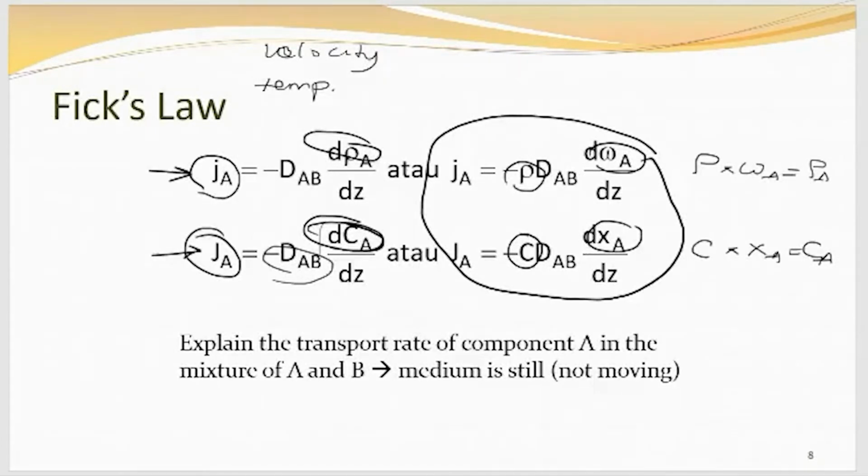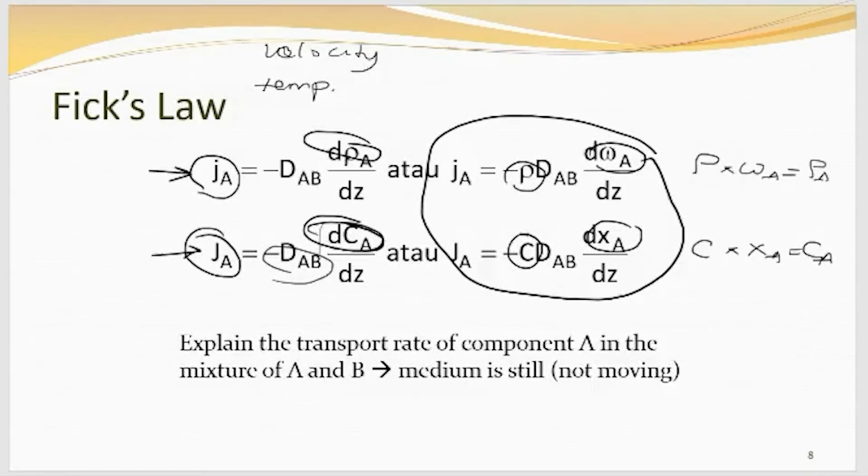In the momentum transport, if you still remember, momentum is not only transported by the molecular motion, not only transported by the molecular movement, but also can be transported by the convective flow.